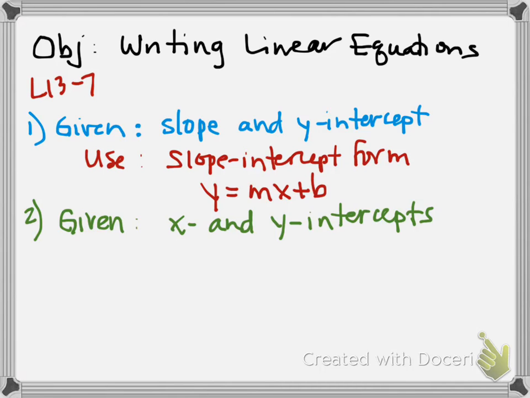Okay. So the key to find slope is we actually have to write those x and y intercepts as ordered pairs. Because most of the time, if we're given an x-intercept, it says x equals 3. But I need to know it as an ordered pair in order for us to use the slope. So we have multiple steps on this one.